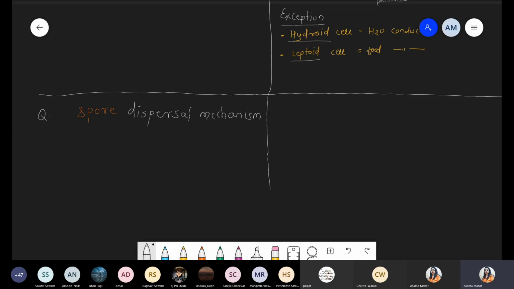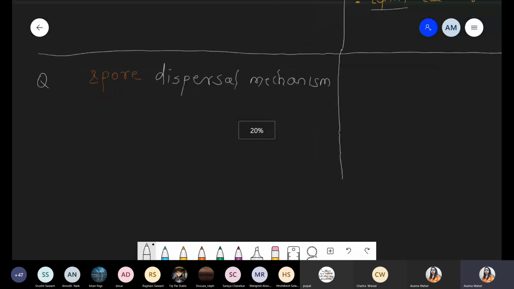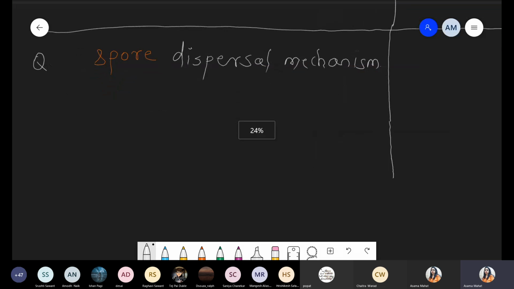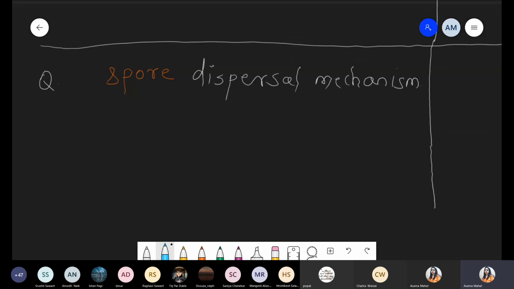So in spore dispersion, first of all we are talking about what happens in Marchantia. See, we are focusing on Marchantia because Marchantia has some unique identity, unique property. In Marchantia, for spore dispersion there is a presence of a typical type of structure that is called elaters.